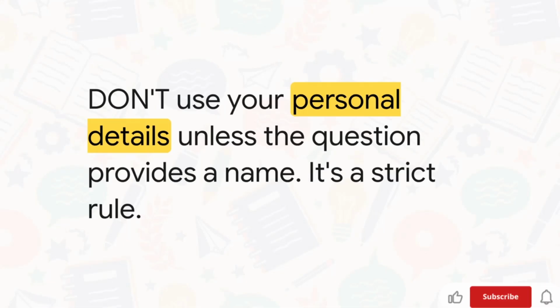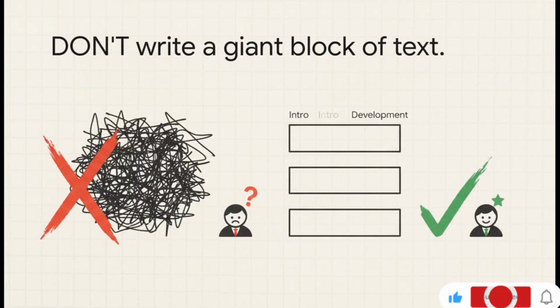Here's another classic mistake. The instructions are crystal clear on this. Unless the question specifically gives you a name to use, do not use your own. You can use something like ABC or whatever they give you in the prompt, but never your personal details. It's a really strict rule. Hey, remember that organization of ideas mark we talked about?